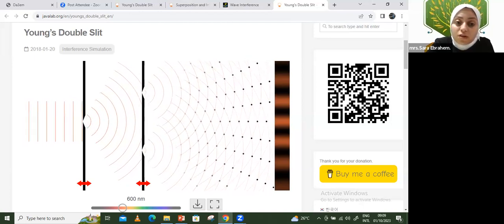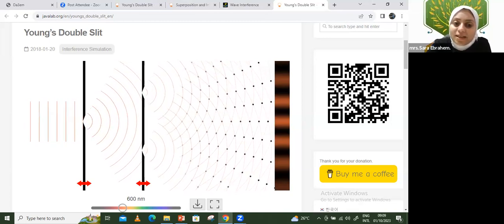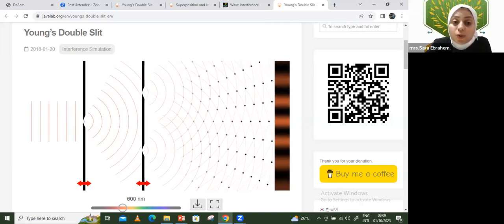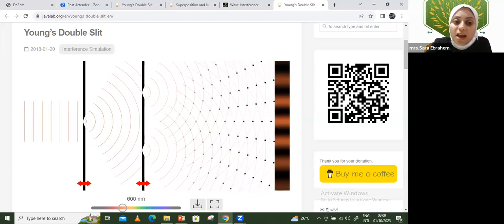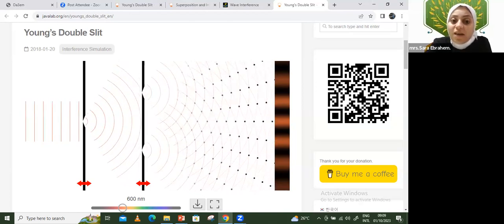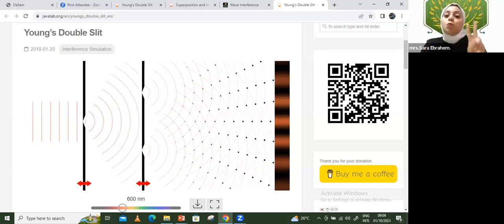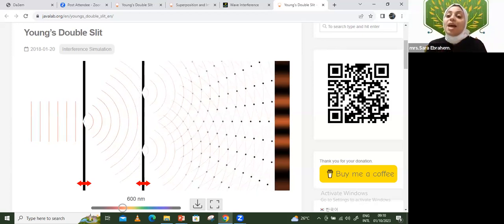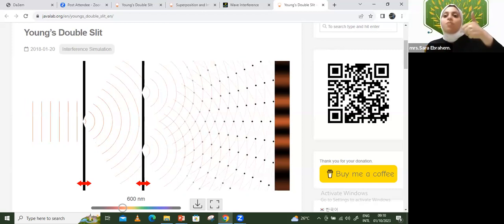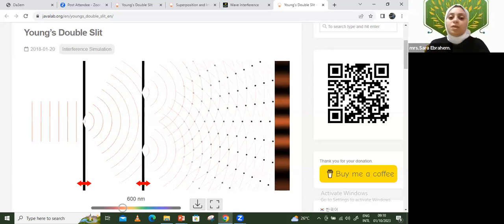This wavefront passes through two slits, slit one up and slit two down. So it gives two waves from the same wavefront, with the same phase, amplitude and frequency.